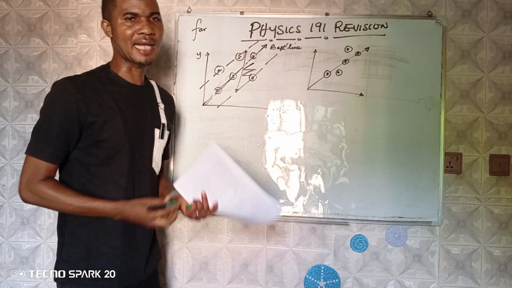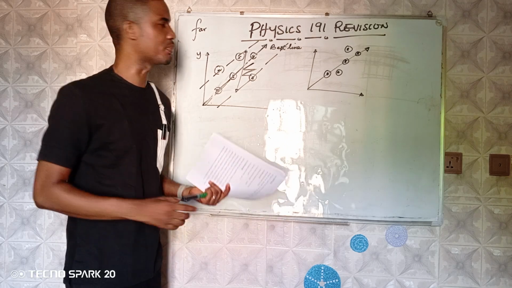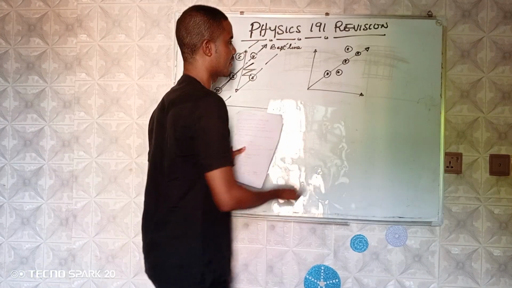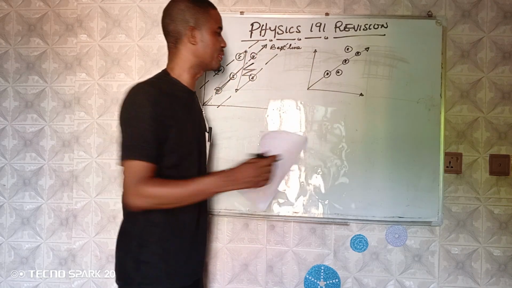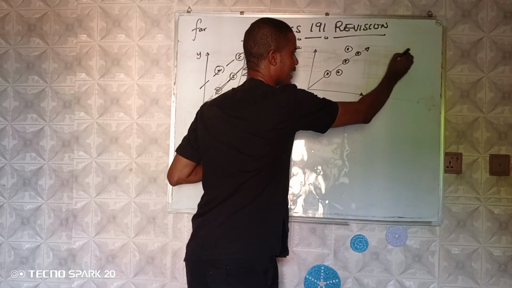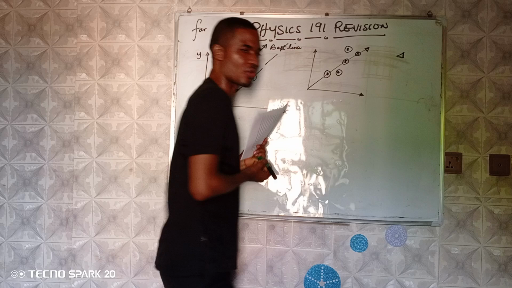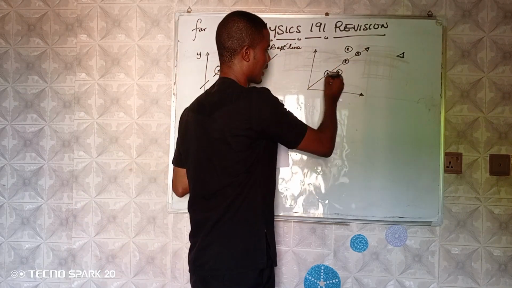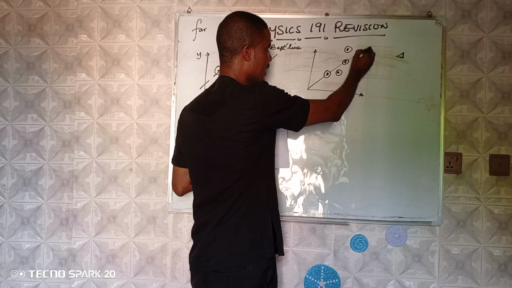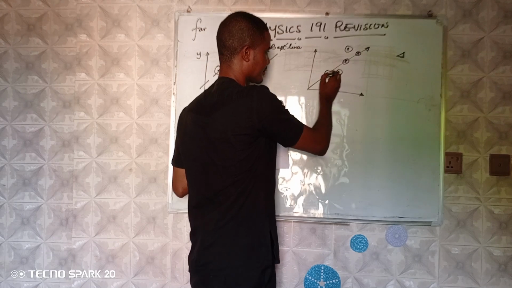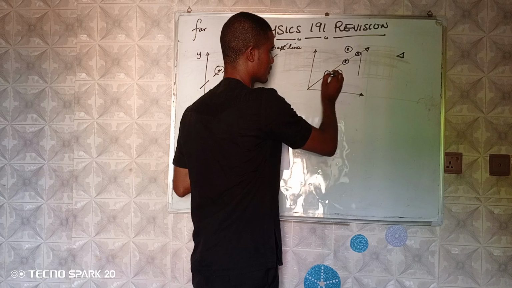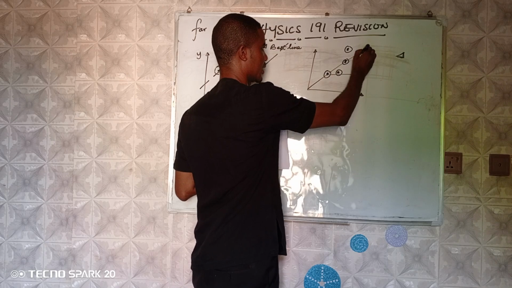There is no hard and fast rule for getting the slope line. I can start from a point and end at another point, but let it be sizable. Please, slopes are not small. Slopes are big, as in a quarter of the whole graph. My slope can be like this.